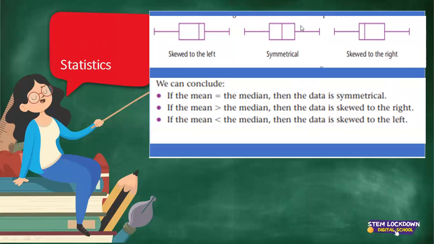The maximum, the minimum, the upper quartile, the middle quartile or the median, and the lower quartile are your five number summary to sketch your box and whisker diagram.